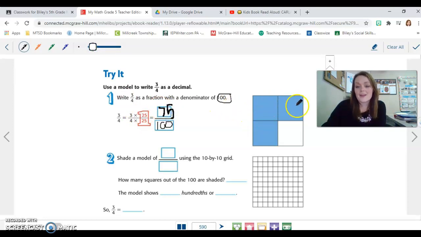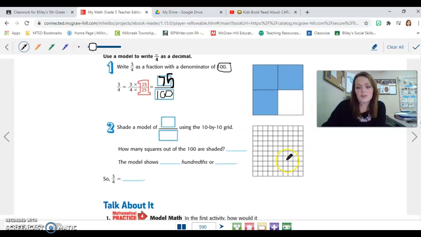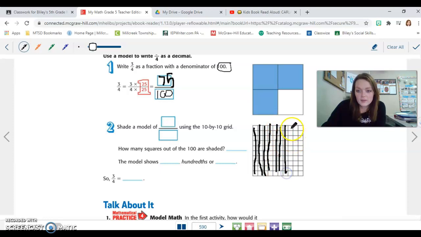We can then see this is 1 whole, or 100. They have it into 4 sections. This is 3/4. And then down here we have hundredths. So we're going to color in 75 of them. 1, 2, 3, 4, 5, 6, 7, and then 1, 2, 3, 4, 5. So that is 75. They are the same.